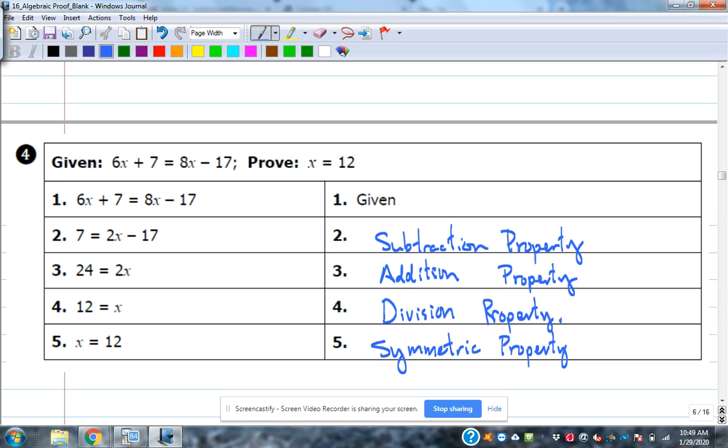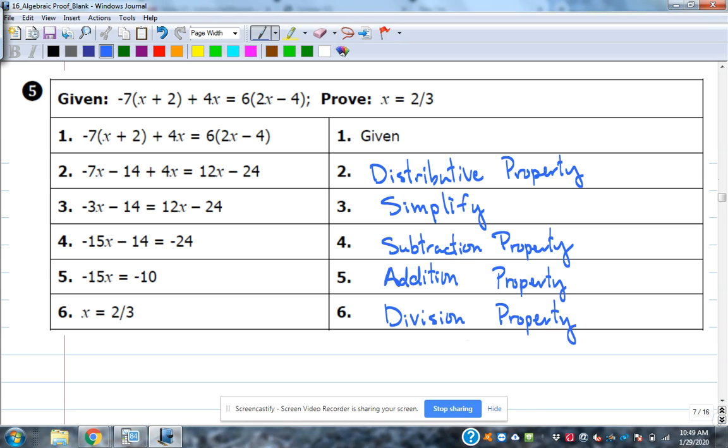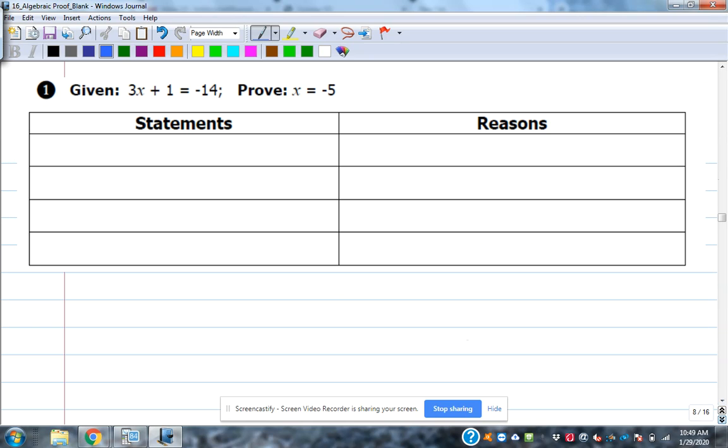All right. Let's look at the next page where they don't put anything in the statements for us. Okay, we'll look at a few of these. I won't do all of them, but we'll look at a few of these and make sure we're on par with that. So what should be our first statement?